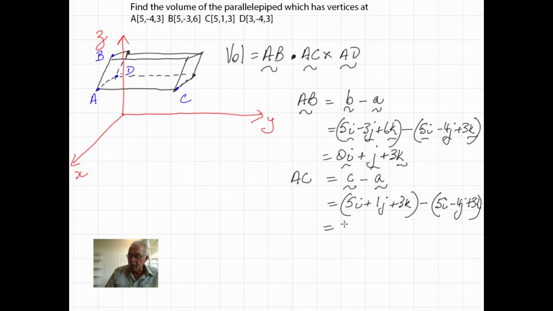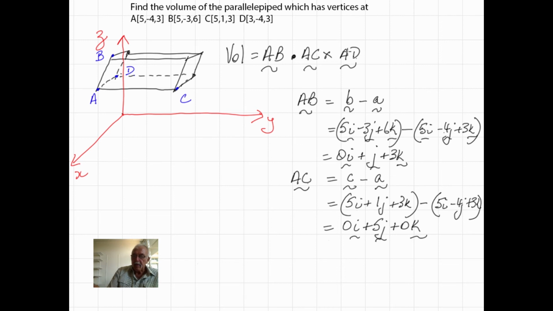And 5 minus 5 is 0i. Now 1j minus negative 4j is a plus, so 1j plus 4j will be plus 5j. And 3k minus 3k will be plus 0k. So there's vector AC.